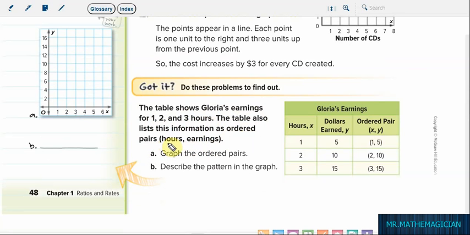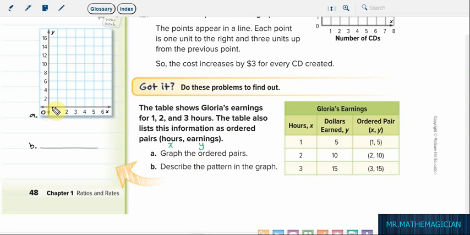So for the hours, it will be the x coordinate. For the earnings, it will be the y coordinate. For 1 hour, she earns $5, so 2 hours $10, 3 hours $15, and so on. So the ordered pairs are 1 and 5, 2 and 10, 3 and 15, and let's plot them together.